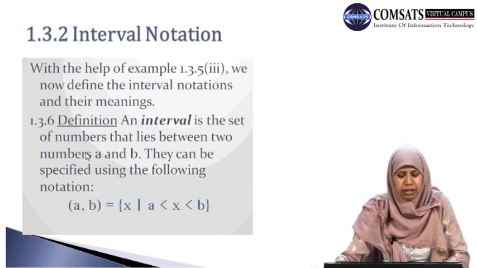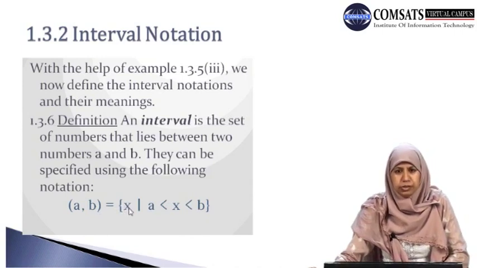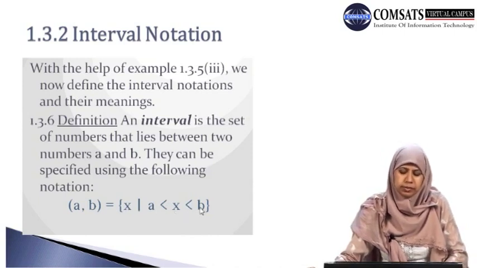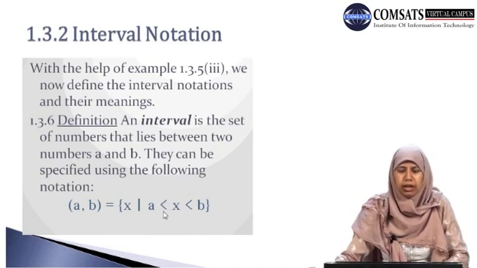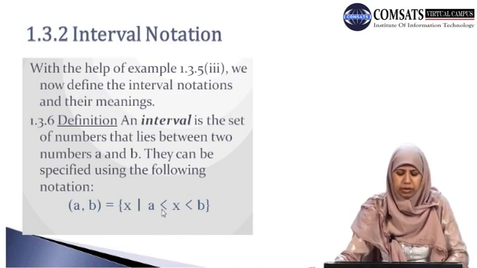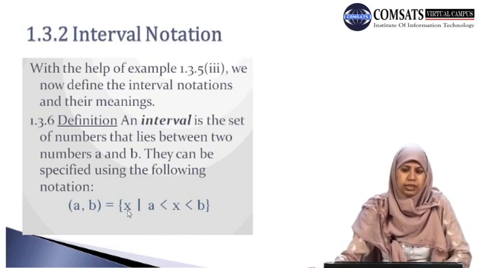We define an interval using an open bracket on the left side, a comma b, closed on the right side, which equals x such that a is less than x is less than b, or in other words x is greater than a and less than b. That is, the interval (a, b) contains all those values x which lie between a and b.